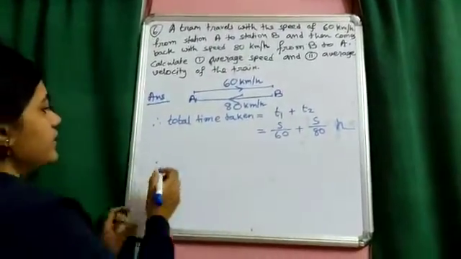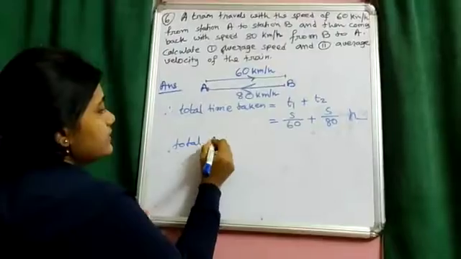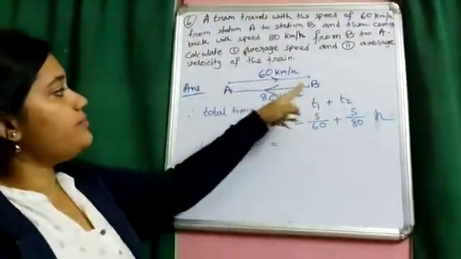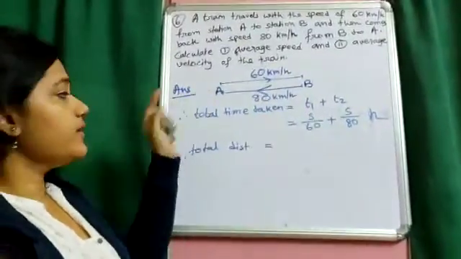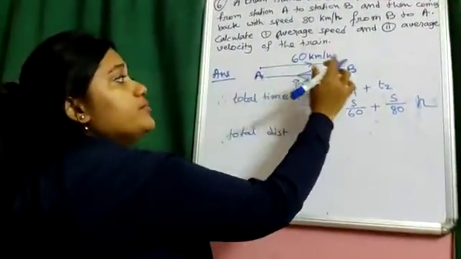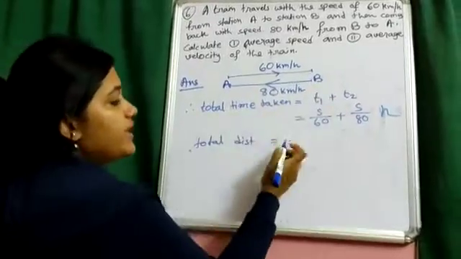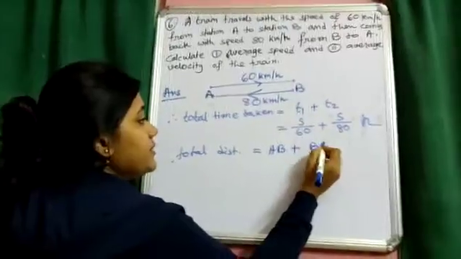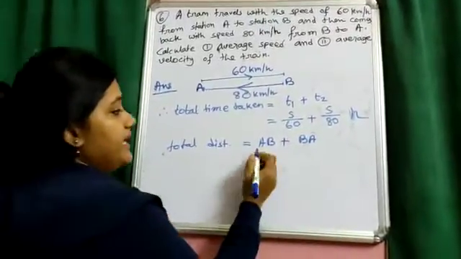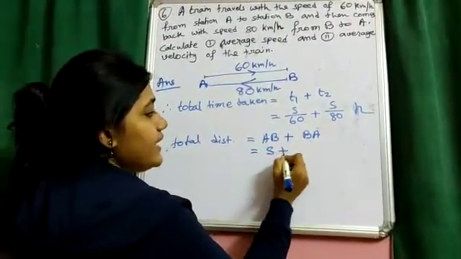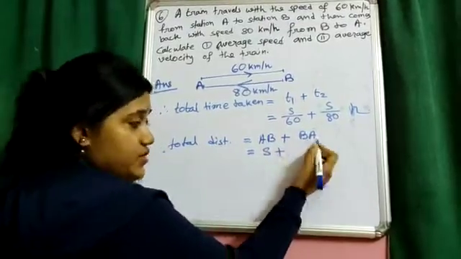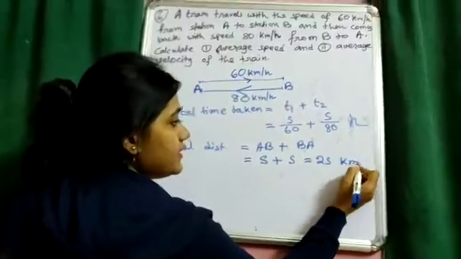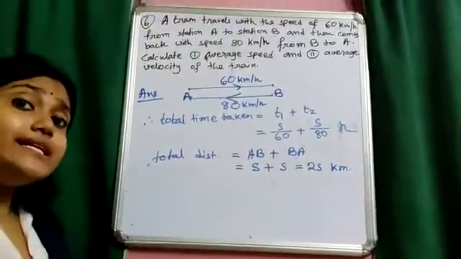Total distance is A to B plus B to A. The train moved from A to B and then came back from B to A. So A to B the distance was S, and B to A the distance was S. That is 2S kilometer. This was the total distance.